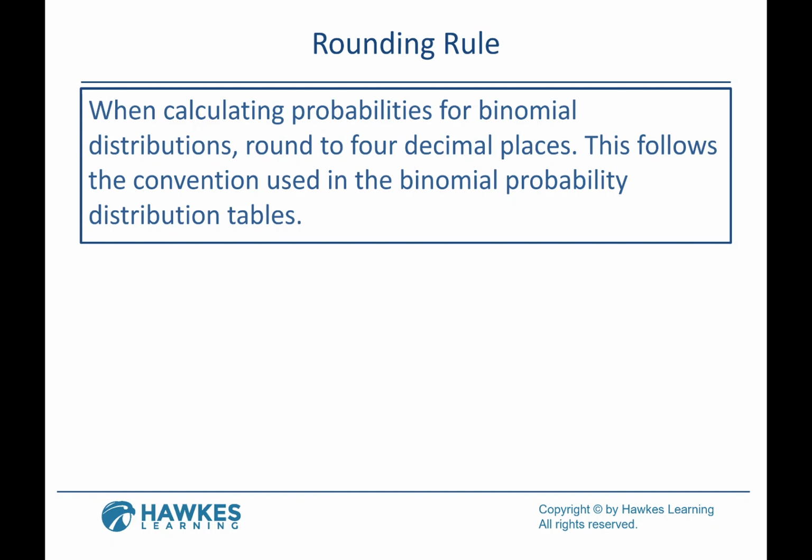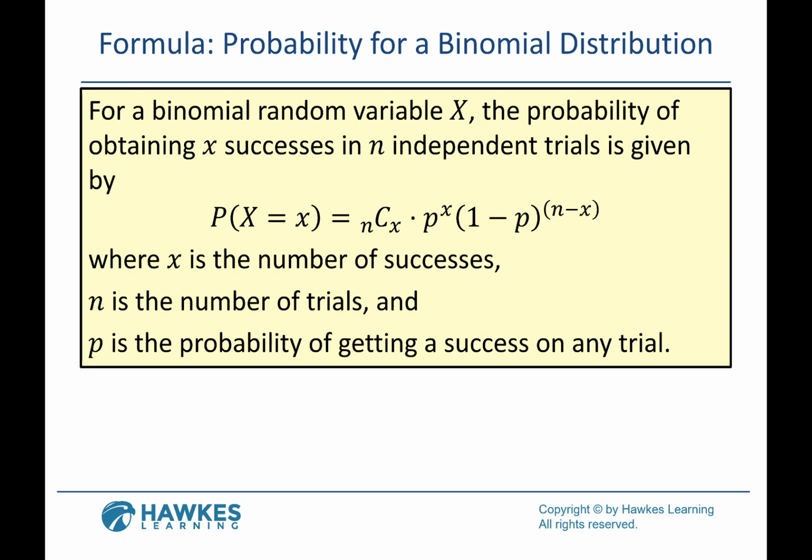All right, so let's look at the formula briefly. And again, you don't have to use this formula if you don't want to. It gives us some definitions. It tells us if we have a binomial variable, then we can figure out the probability of getting some X number of successes in N trials by using this formula.